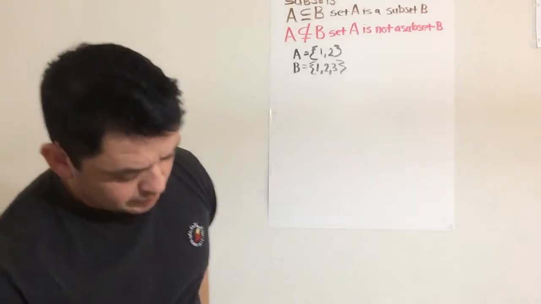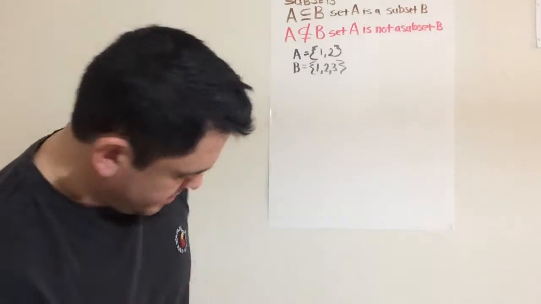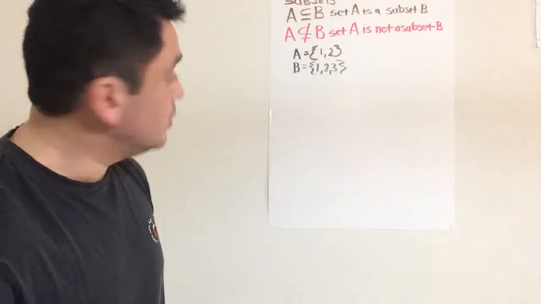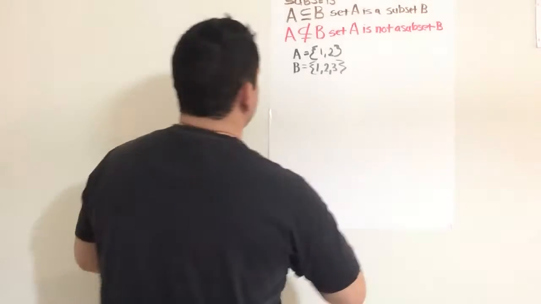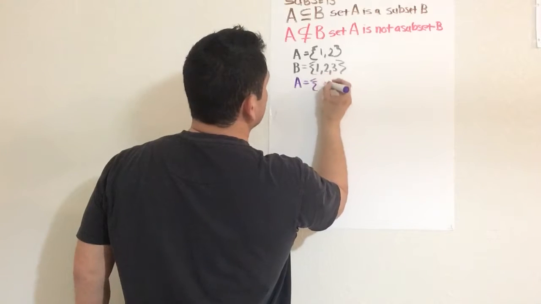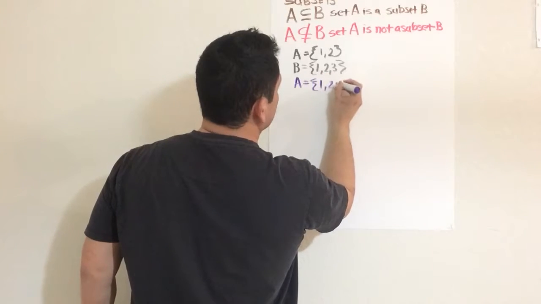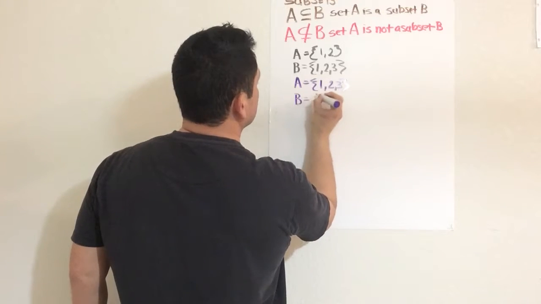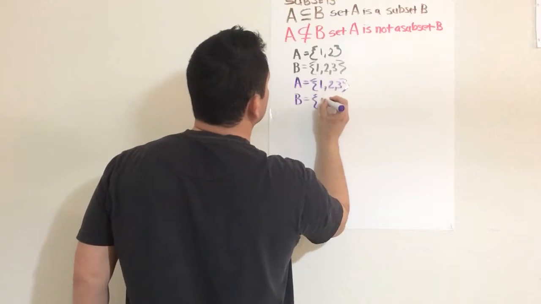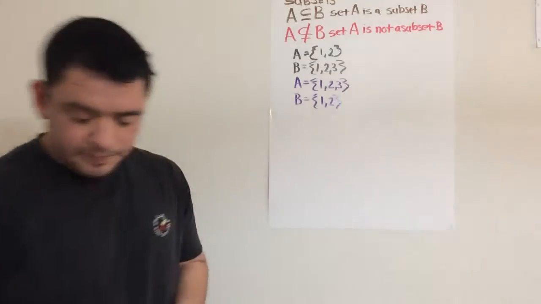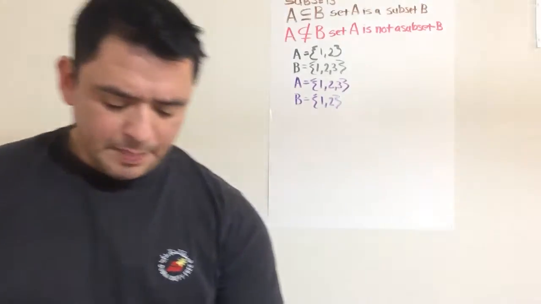Now, watch this. What if set A was 1, 2, 3? It has 3 elements. And set B is 1, 2, the set of 2 elements. That's where my pots come in.